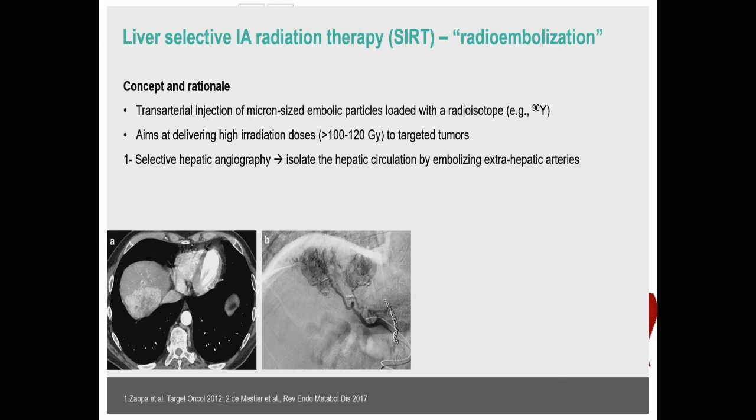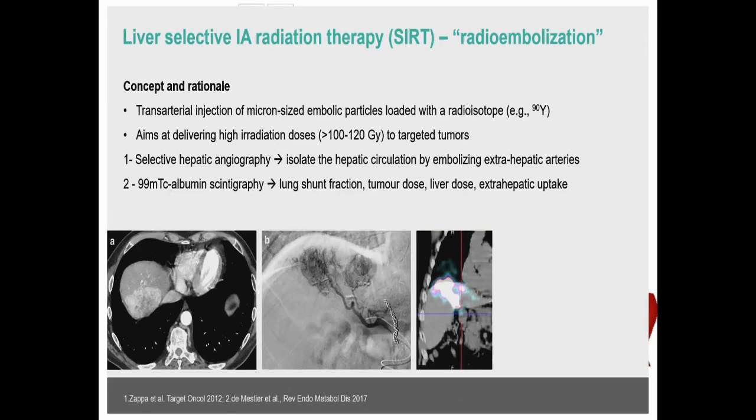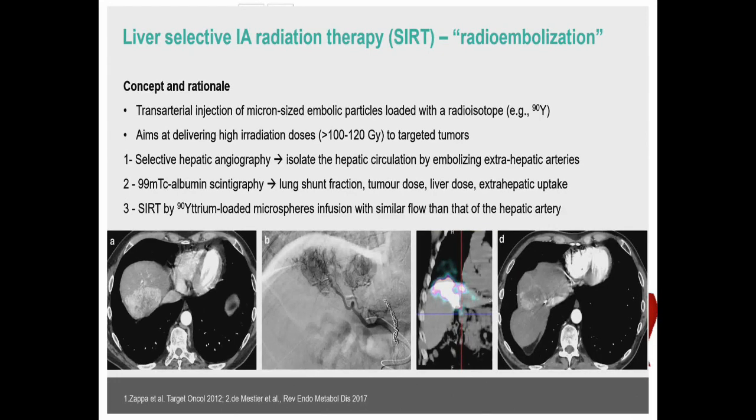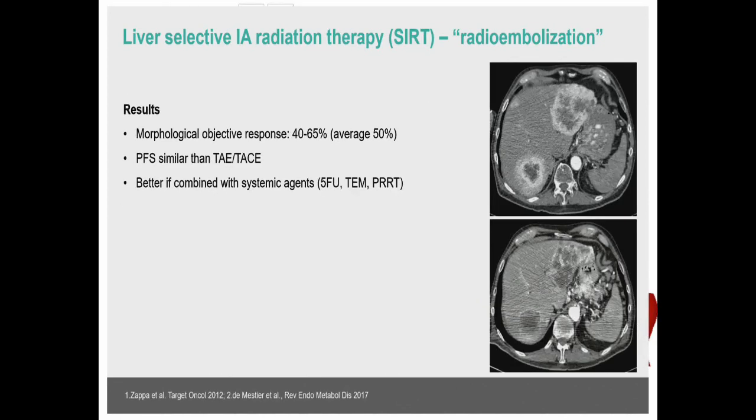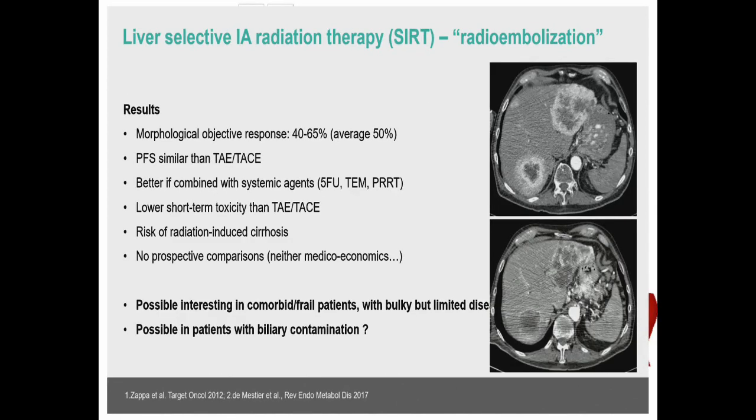It's not an embolization technique. It seems as effective as embolization. It poses the problem of long-term toxicity of the radiation and also problems of costs. So, interesting in comorbid frail patients with bulky but limited liver disease.